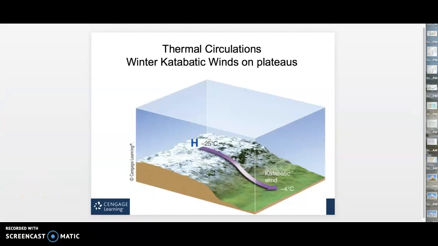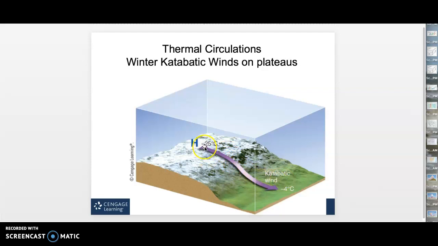There's a thermal circulation that's very well known in the plateaus of Asia called a katabatic wind. It's known for being on the plateaus that are snowy in Asia. The winds come off here and compress and cool and warm up a bit.